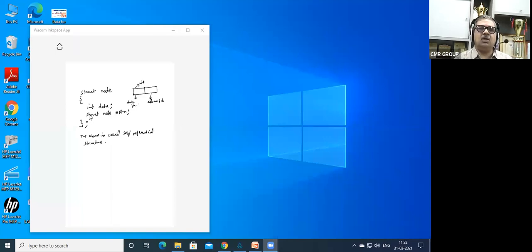But understand that in struct node you are writing this, so then it becomes a self-referential structure. ptr is nothing but it is going to store the address.